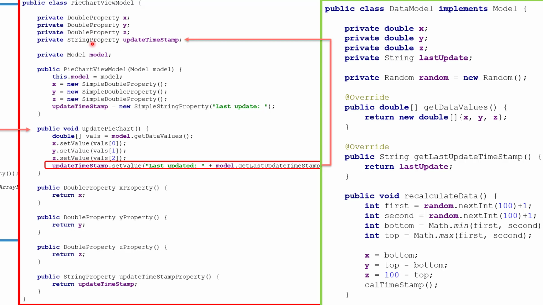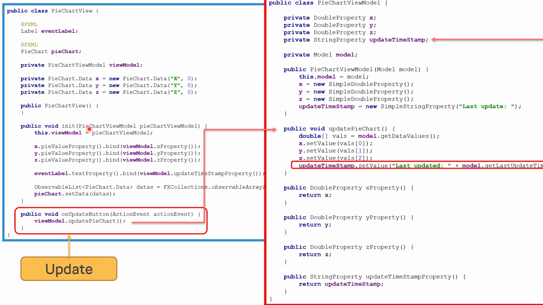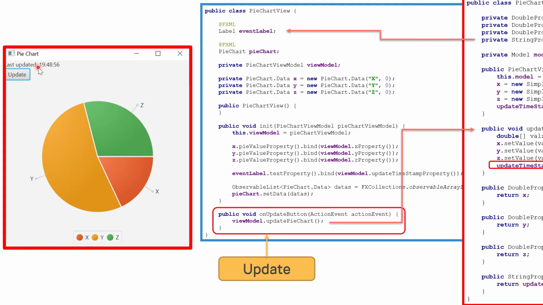And when I set something in here, then because of the binding down here, that value is also pushed into the event label. And when I update the data in the event label, then that data will be shown over here in my label, so I get the latest timestamp here.